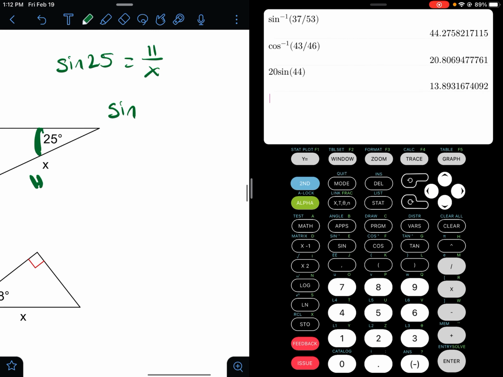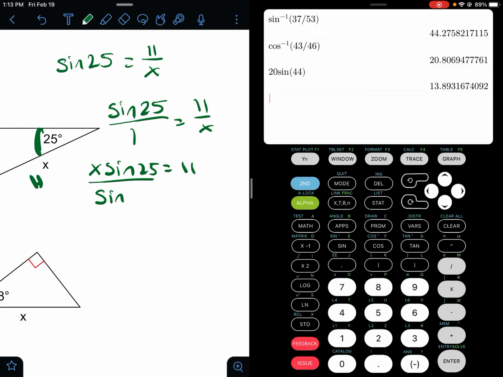All right. So we end up with sine of 25 equals 11 over x. And then you end up with x times sine of 25 equals 11. So then to get the x by itself, I need to divide both sides by sine of 25. Do you see how we have to do that division there? So we end up with x equals 11 divided by sine of 25.